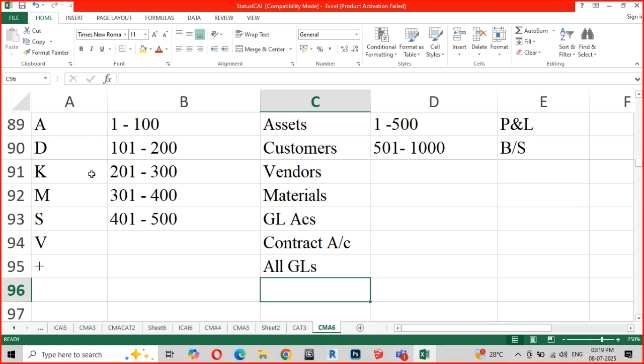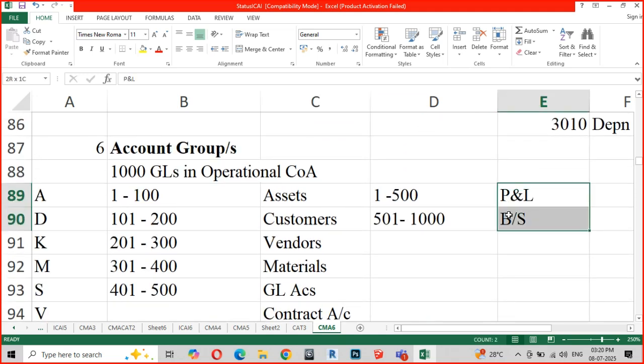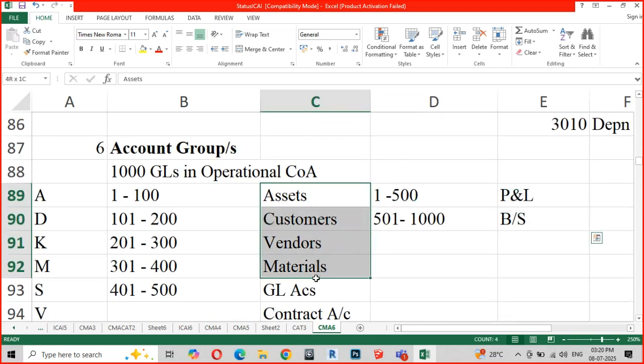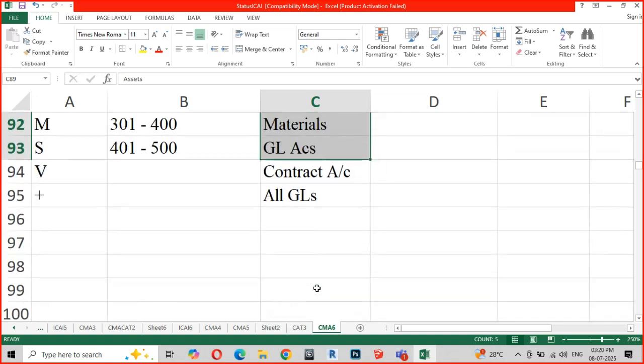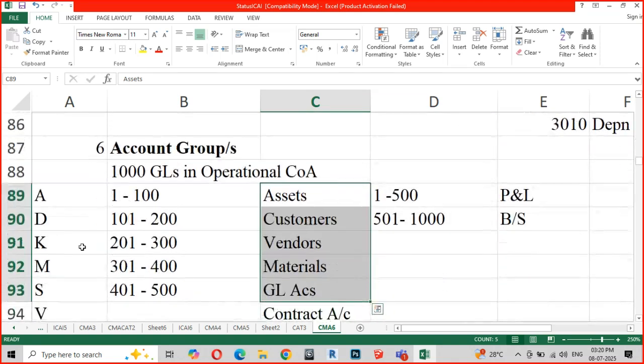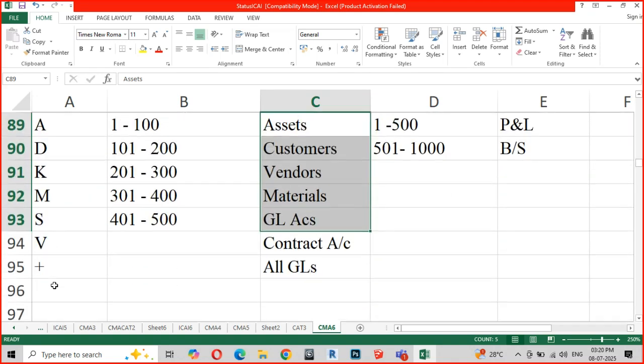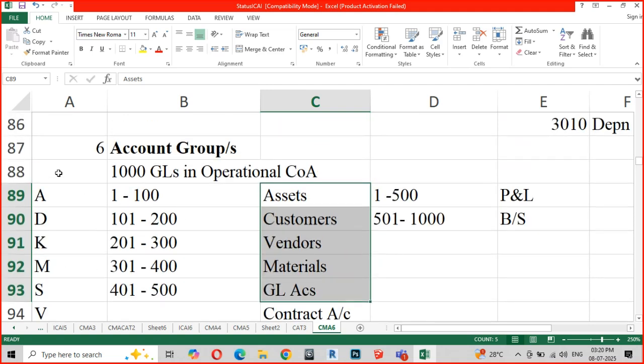But these concepts you should know. These are your account groups, your P&L, balance sheet, or maybe you can divide also like this. And you have ADKMSV plus as all the account types. They are called account types.